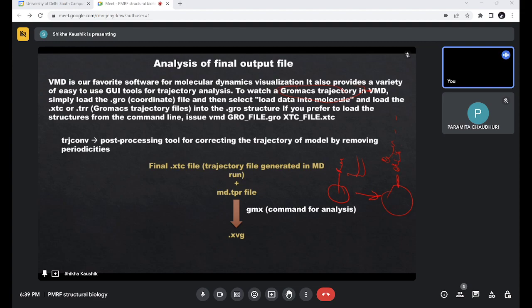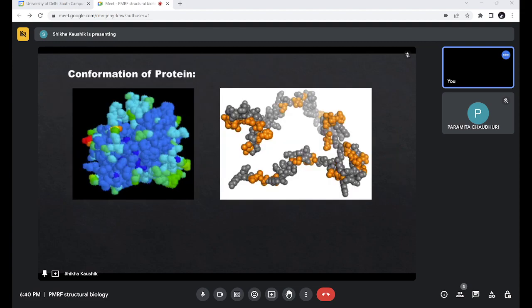There are many things involved, and for everything you have some sort of command that you need to give to have your respective parameters aligned, or to have your actual values. For example, in the case of dihedral angles, you need to understand what all the dihedral angles for a particular residue are in your molecular simulated structure. So these are the things you're going to understand once you do these things.